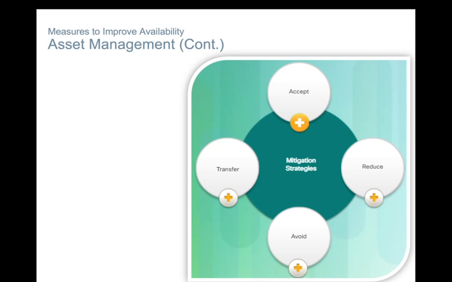Next, in this asset management, these are the basic elements you can find in the measures to improve availability: asset identification, asset classification, asset standardization, then identifying the threats, then the risk analysis, and the mitigation for that.